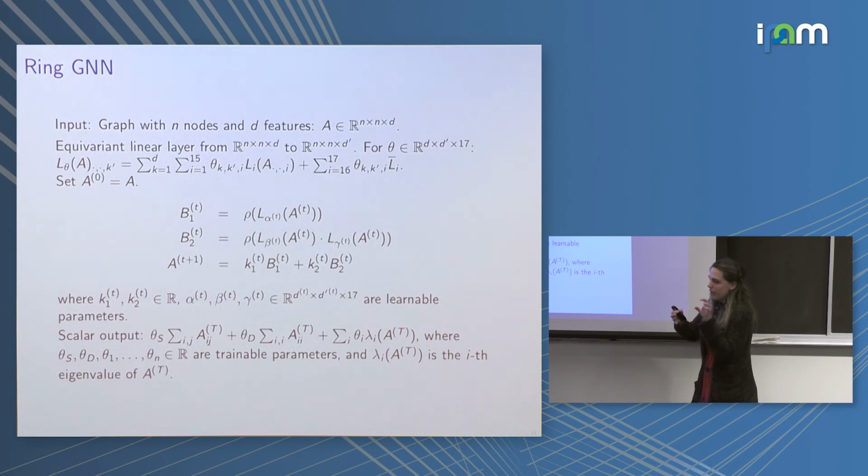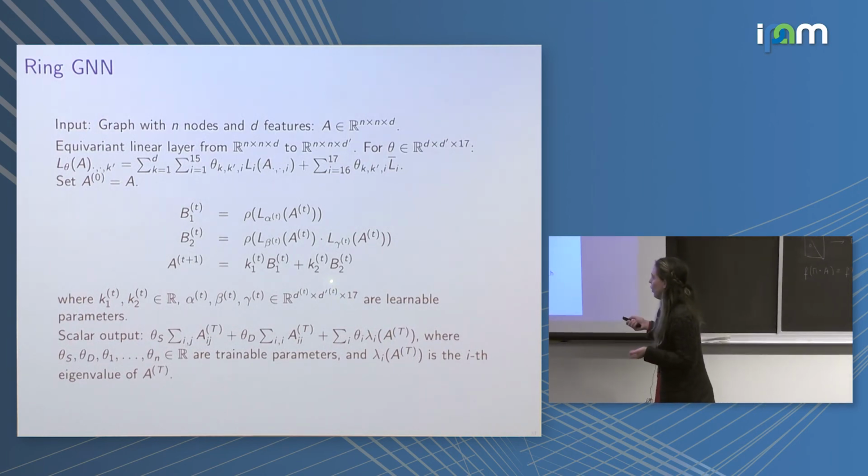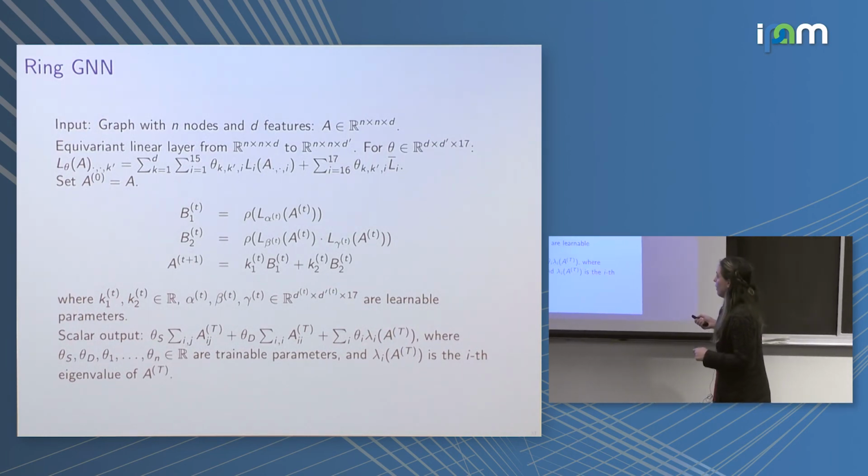They're equivariant, and then we allow multiplication of the output of these two layers. So you have these linear maps from matrices to matrices, and you can take two and multiply them. That gives you more expressive power, and you can actually say how much it is, or at least give some lower bounds.